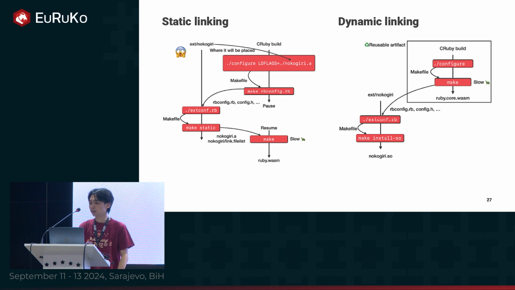Why? The main reason is that the static build model is not suitable for the Ruby gem ecosystem. Static linking takes a long time in the link step, and especially Asyncify, which is a code transformation I introduced before, is quite slow, and it had to be applied after the static link. So that was a bottleneck for the development flow.